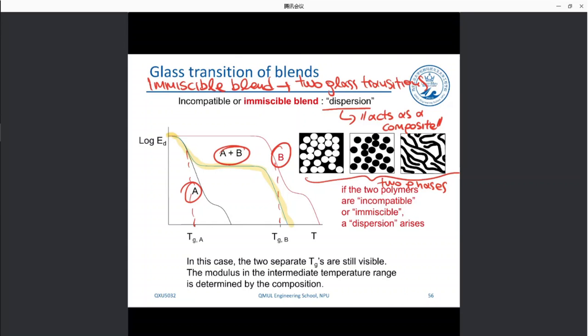And obviously, again, what is the modulus here? That is determined by composition. That's specified as the modulus. Okay, the plateau modulus.